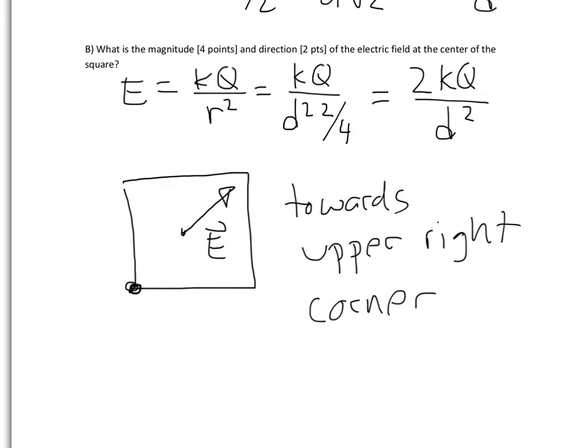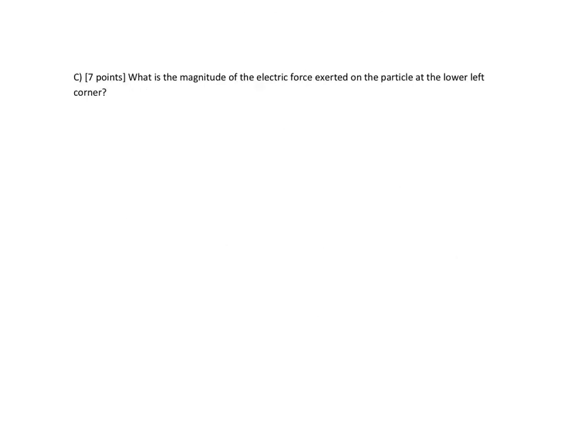In this problem we've got to determine the magnitude of the electric force on the lower left-hand particle. Let me draw this situation here because it's on the other page. So we're looking for the force on this particle right here. Okay, this is your vector addition problem. You've got to add the force due to this particle and the force due to this particle acting on that.